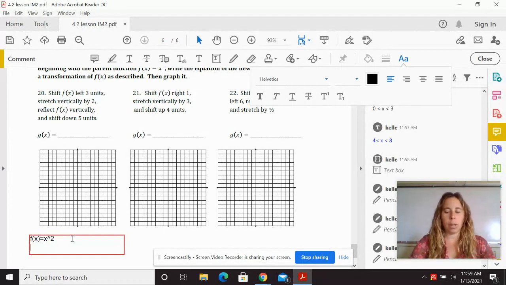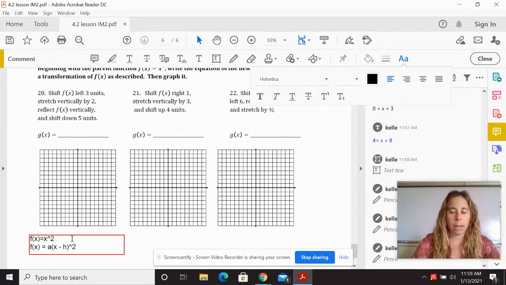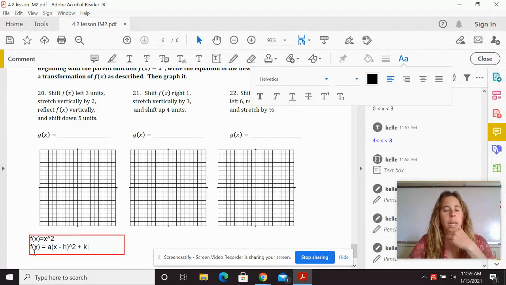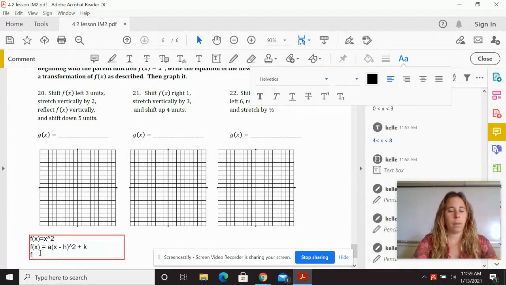So remember, you can write this in vertex form. I would. So f of x equals a times the quantity x minus h, squared, plus k. Okay, that's vertex form. So a is your stretch. So we're vertically stretching by 2.